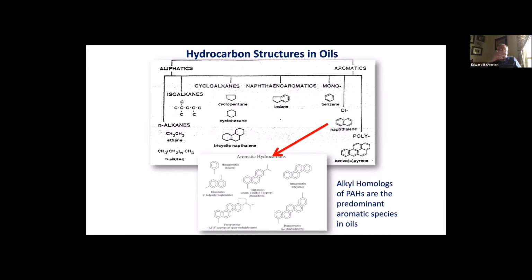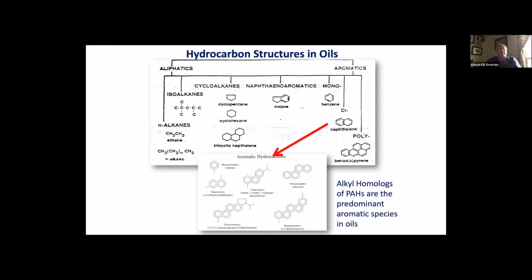At the bottom here, we call them n-alkanes, where we have methyl groups on each end and a various number of methylene groups in between. These compounds typically contain the most energy from the sun stored in the hydrocarbon compounds. They're the simplest.